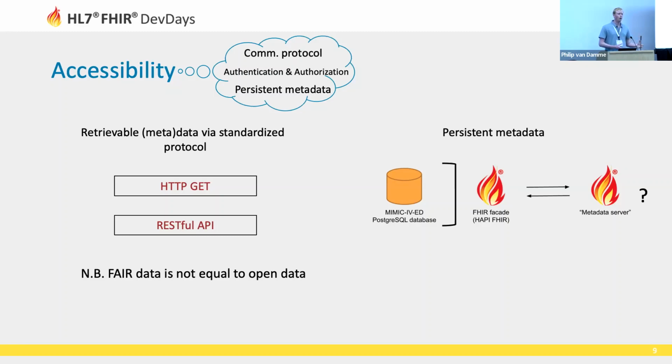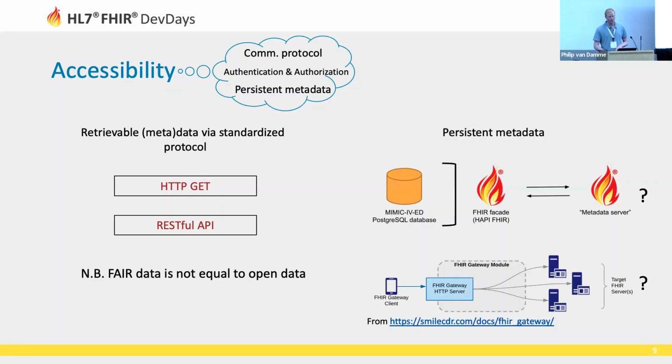If that server goes offline, you can't access either of them. So I've been thinking about this, and I'll give two examples here. Maybe you can set up a metadata server that serves the metadata resources and points to the server that has the actual data.